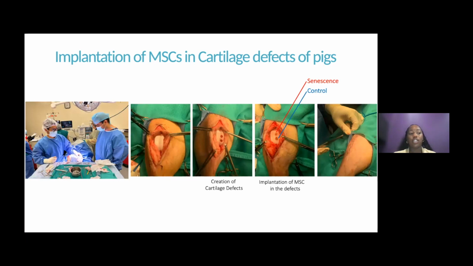And as you can see, these are the surgeons who are operating on the pig. They open up the cartilage and create two defects. The first defect is filled with the control cells, and the second defect is filled with the senescent cells. Then the last picture is when they close back up the pig's knee.